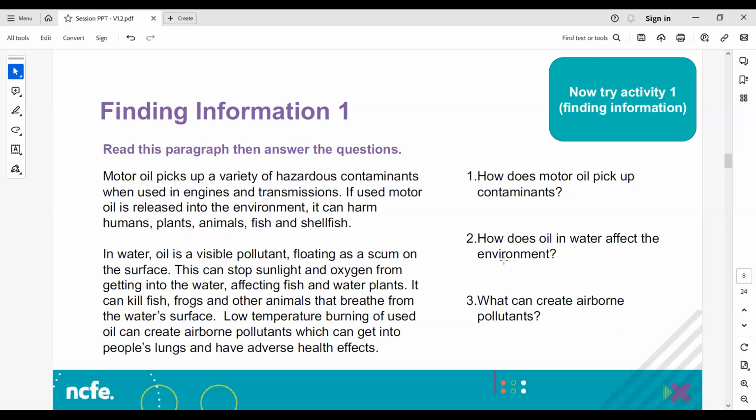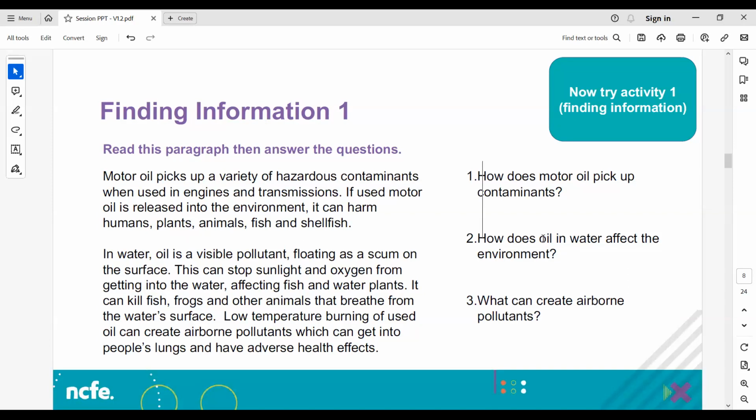Okay, so question 2, how does oil in water affect the environment? Again, we're scanning for oil, and possibly the word environment, but the main thing we're looking for is the word oil, because that's the focus of the question.